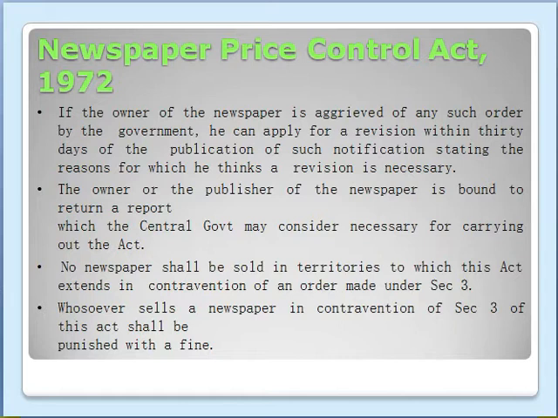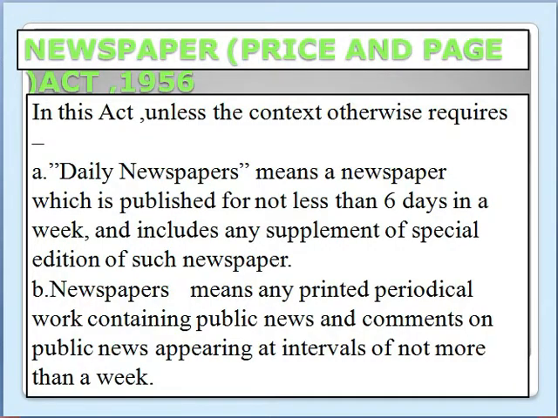Whosoever sells a newspaper in contravention of section 3 of this act shall be punished with a fine. So if somebody sells it outside the territory of law, in that case, you will have to face a fine.